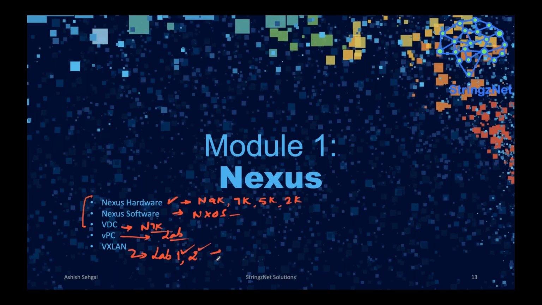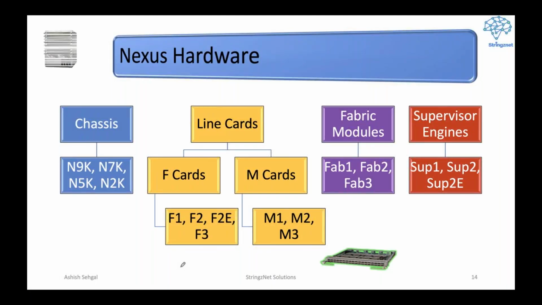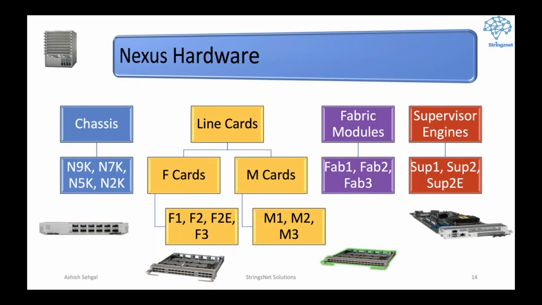Anytime you want to do these labs, these are two separate labs, 24/7, 365 days in a year, you can do it. The VXLAN lab hands-on. In Nexus hardware, what else do we talk about? With regards to Nexus 9K, 7K, we talk about their different line cards.